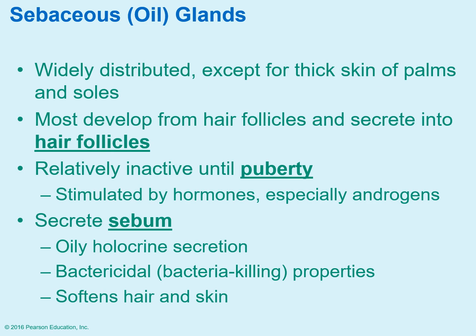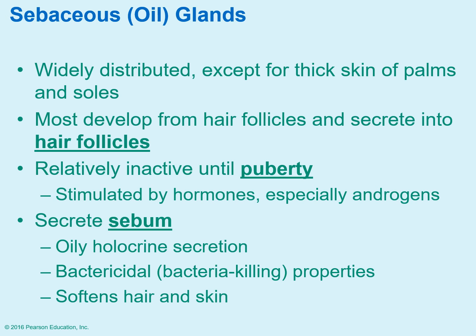Your sebaceous glands, or oil glands, are widely distributed over the body, but they are not on the palms of your hands or the soles of your feet. Most of these secrete into the hair follicles, and they become stimulated during that lovely time of puberty.